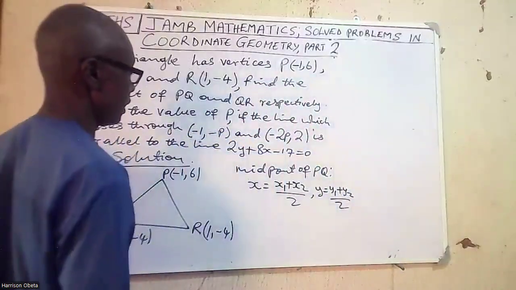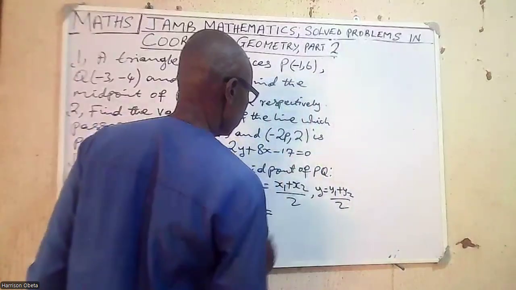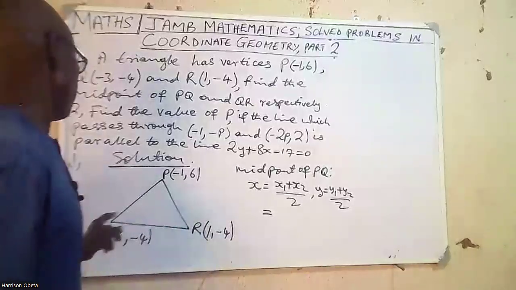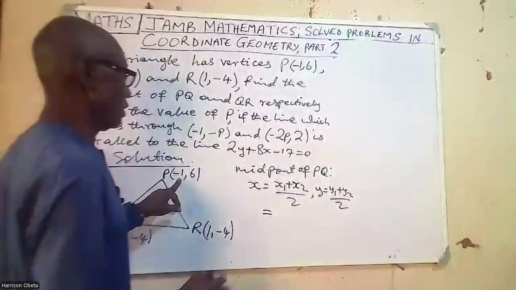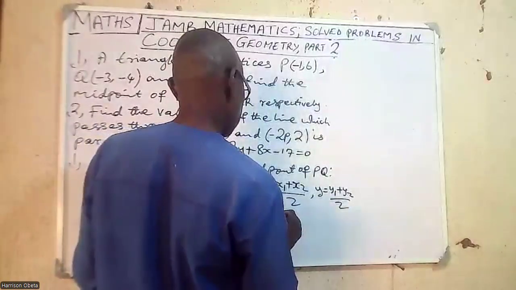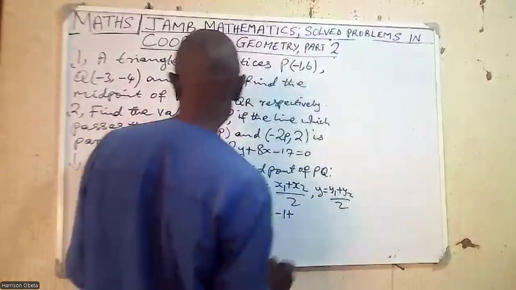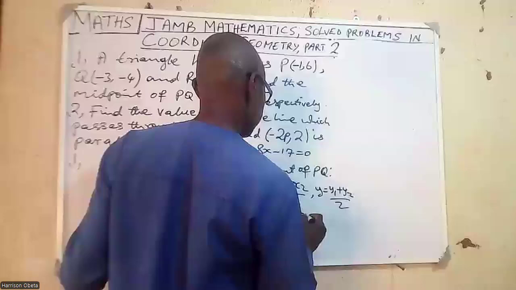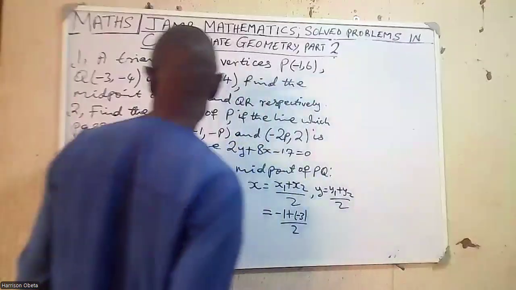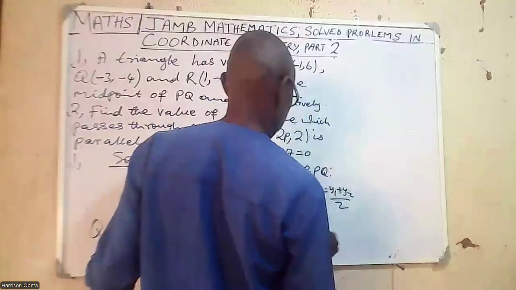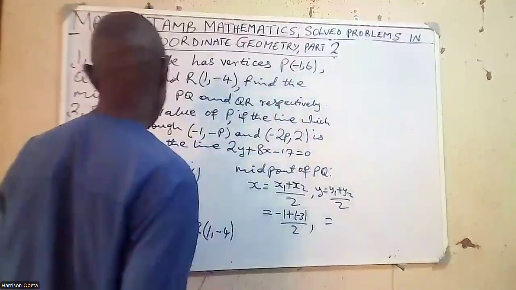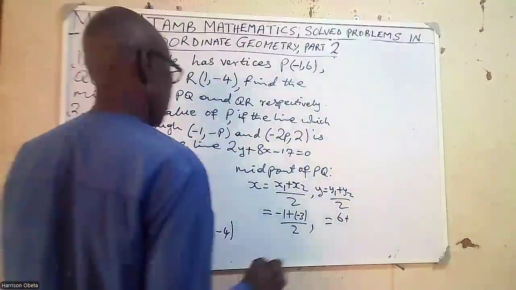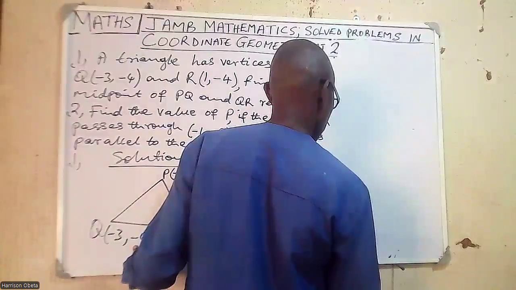So following that, for PQ, our x1 is -1 plus x2, -3, all over 2. Then y equal to y1, 6 plus -4 all over 2.